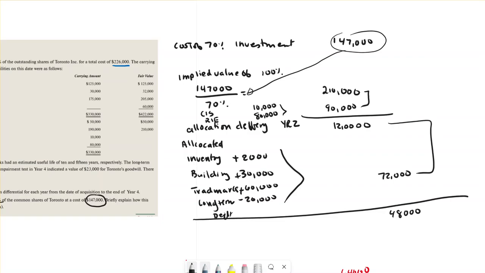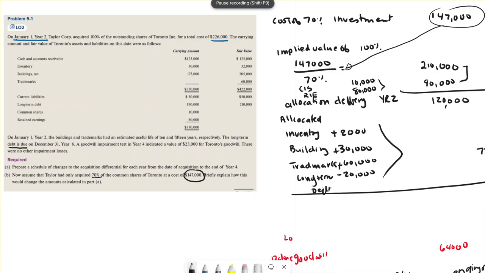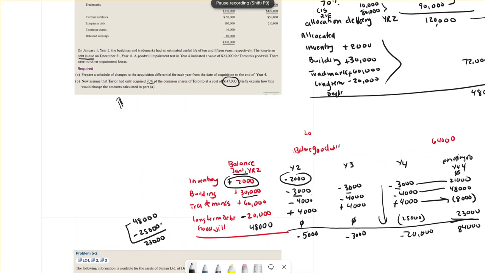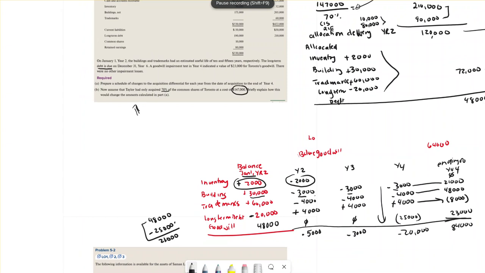So I am just going to raise one thing here. Sometimes I have a small screen, so it becomes a little bit harder. So what they're saying is calculate and explain how this change happens. You could do a schedule the way I did the schedule, or the simple way to do it, if my implied value is 210,000 from the previous question.